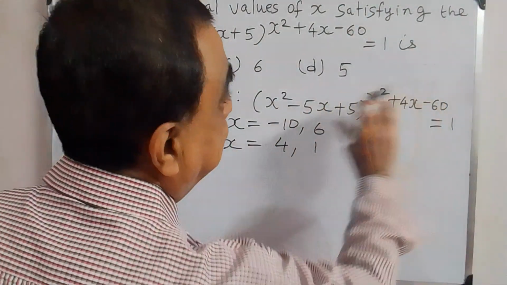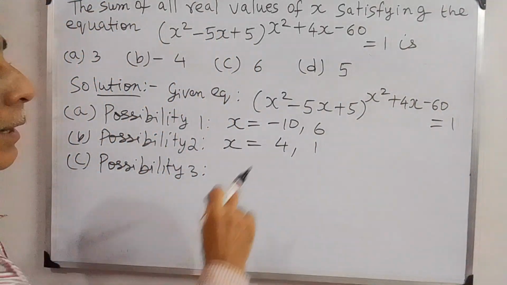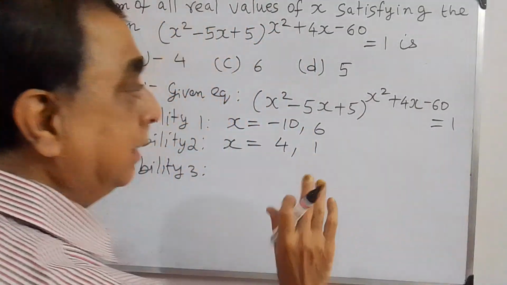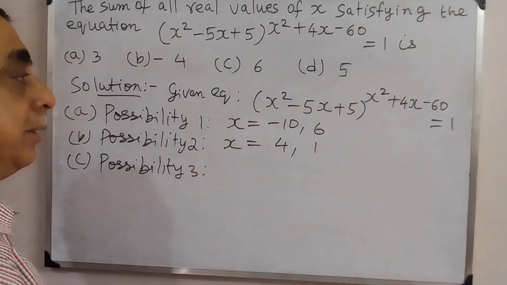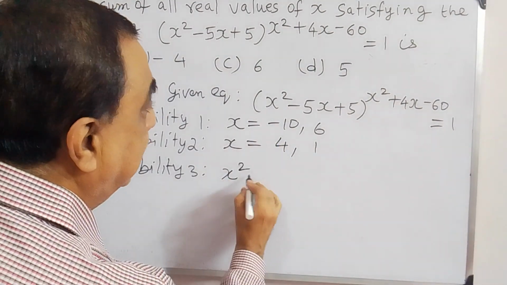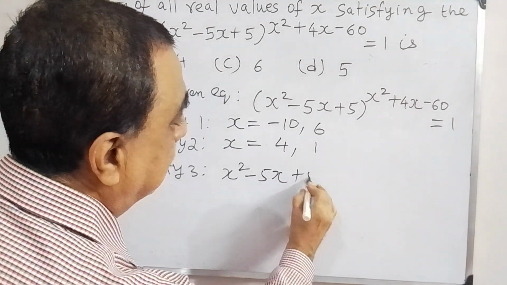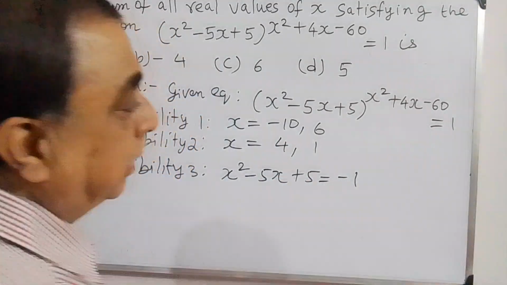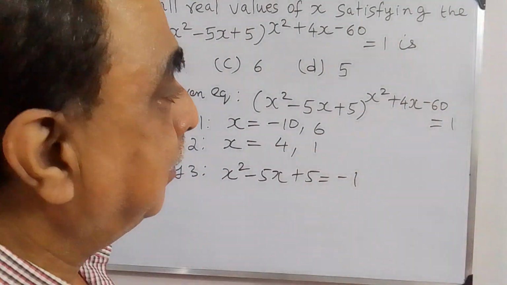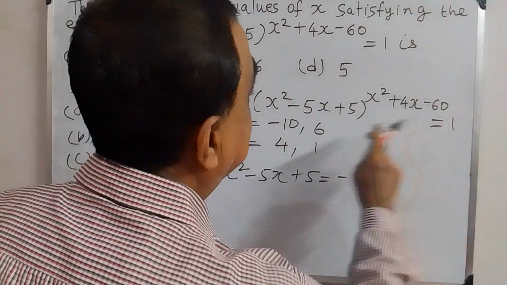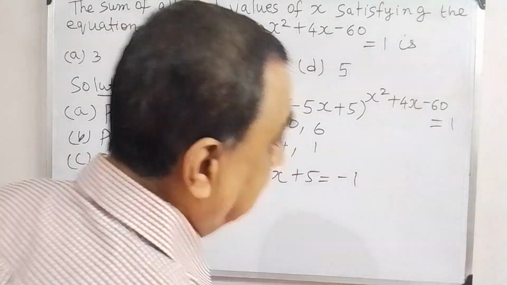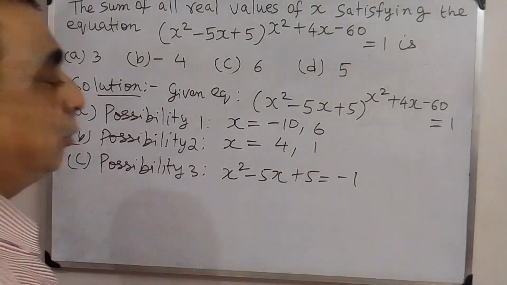So we have to check both things here. Now x squared minus 5x plus 5 is equal to minus 1. But if the power is an odd number, we have to remove that value of x. When the base is minus 1 and the power is an odd number, we are not to accept that value of x.